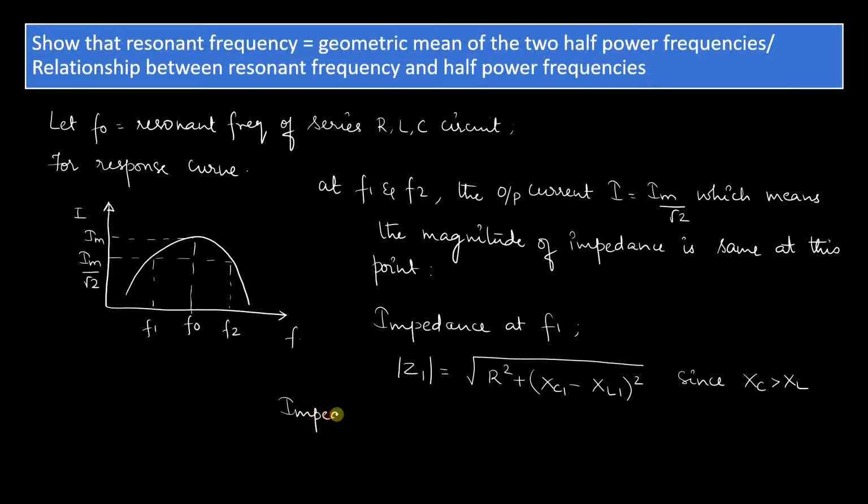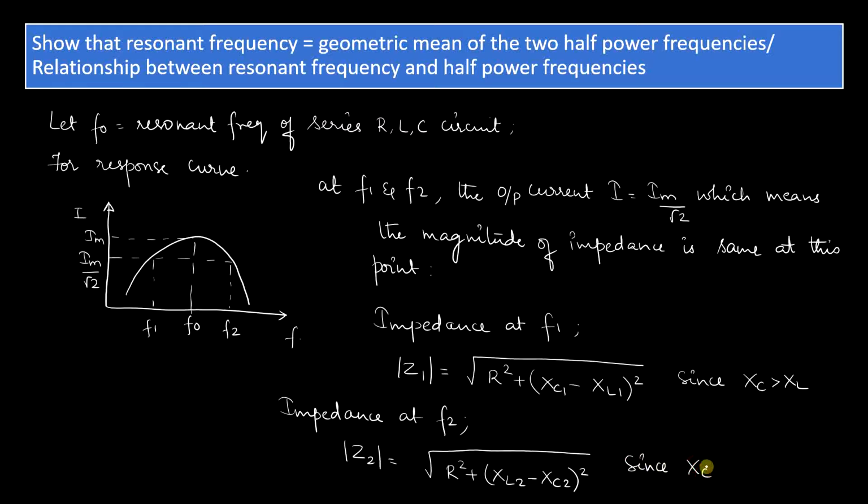The impedance at frequency F2 can be given as magnitude Z2 equal to square root of R square plus XL2 minus XC2 the whole square, since XL is greater than XC.